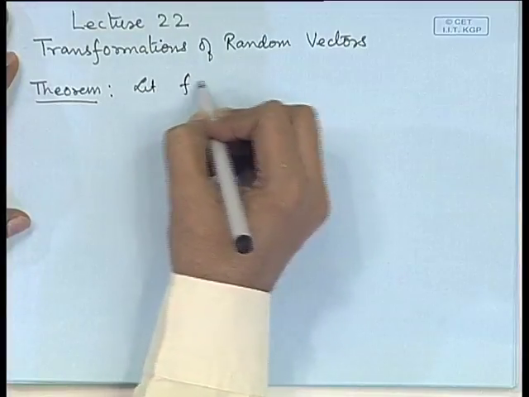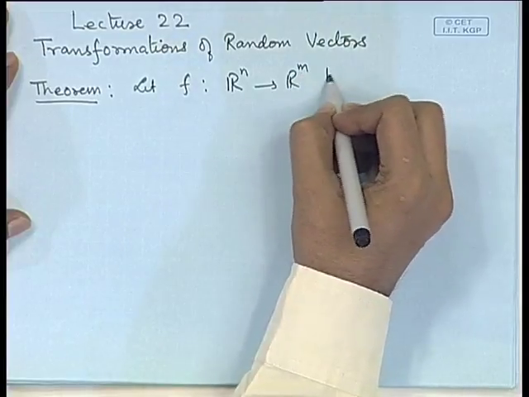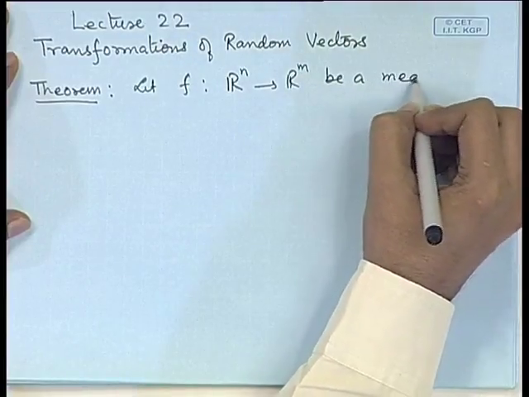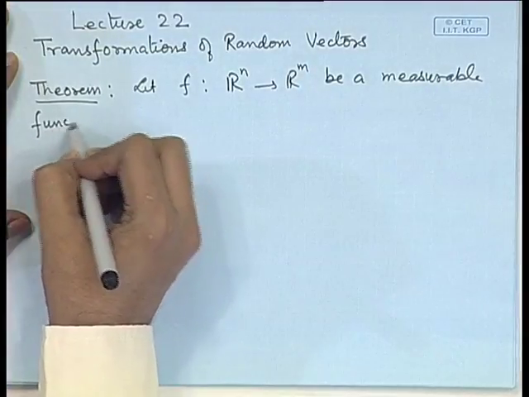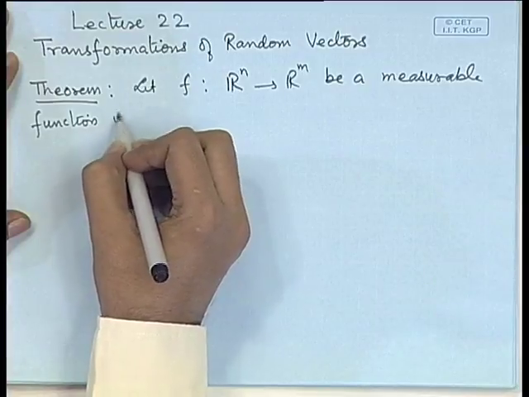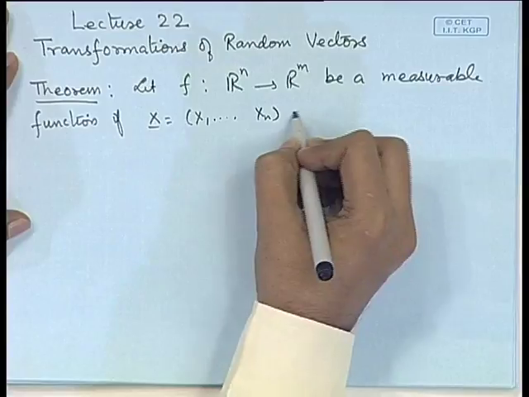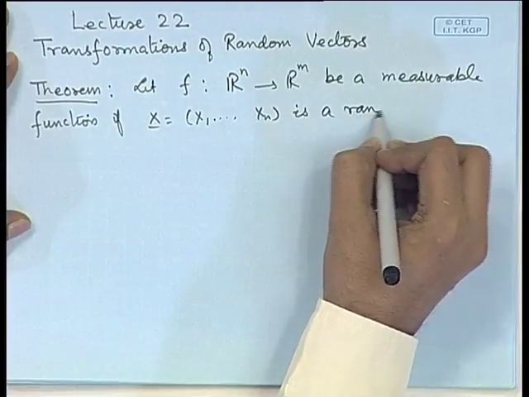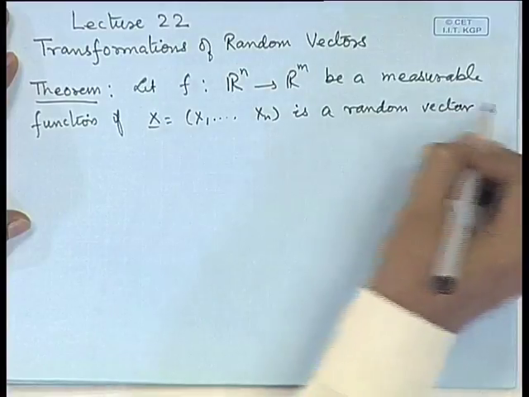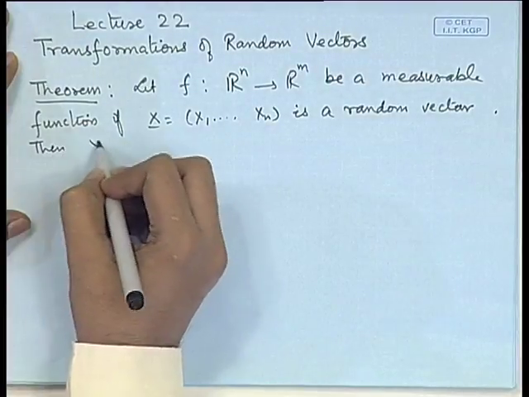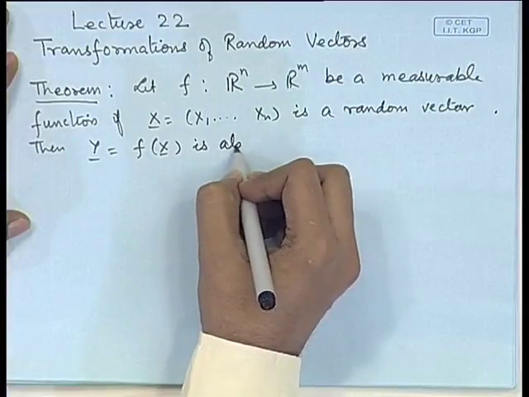Let f from R^n to R^m be a measurable function. So, if X = (X1, X2, ..., Xn) is a random vector, then let us call Y = f(X), which is also a random vector.